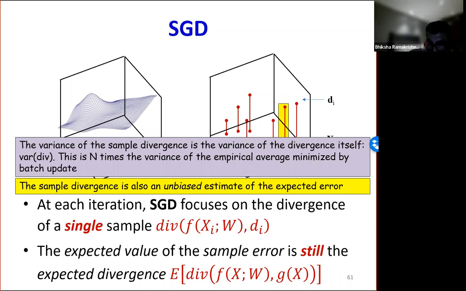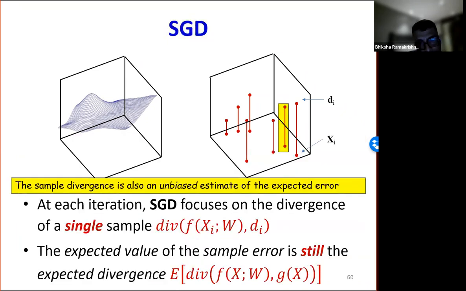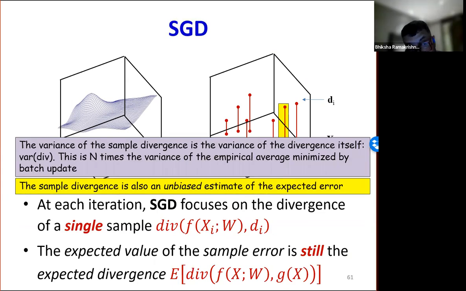Now, if you compare this to batch updates, if I had a batch of n instances, then the variance of our losses is going to be the variance of the divergence divided by n. Whereas if each of us chose just one sample, the variance of our losses is going to be the variance of the divergence itself. So when you're performing SGD, where you're picking up only one training sample at a time, the variance of your loss is going to be n times the variance of the loss when you have a full batch. Now, the math may not make a lot of sense.